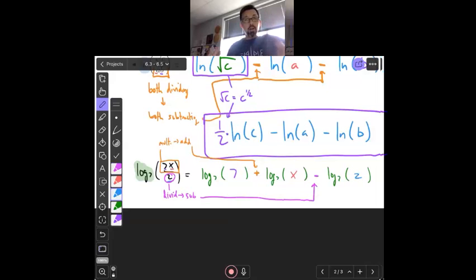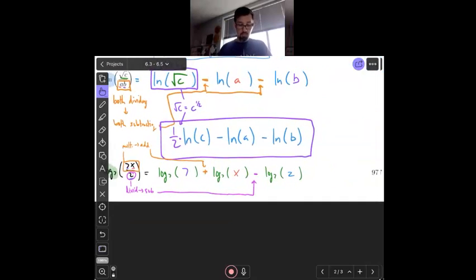Okay. So there I applied both 4 and 5 in the same problem. Okay, because the 7 and the x, those are both in the numerator. So it's got added. Everything that was in the denominator, the 2, got subtracted. And then I go looking for 1, 2, or 6. I have no exponents, so number 6 is not going to play here today. None of these are 1, so number 1 won't play. But number 2 says that if these match, this is equal to 1.